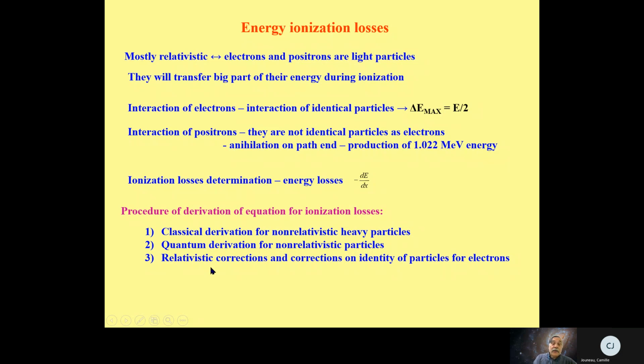But after that, it is necessary to do relativistic corrections and corrections for the identity of the particles for electrons, and also some special corrections. Mostly I will show you this derivation, and we will discuss something about the relativistic correction, but only a few remarks and statements.